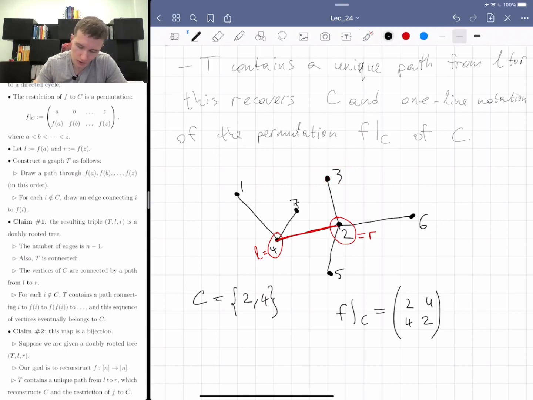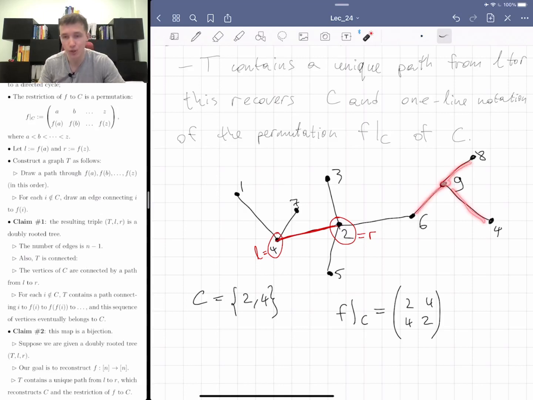So maybe I should draw another one. Maybe let's say there is a 9, 1, 2, 3, or maybe there is a 4 as well. 4, 5, 6, 7, 8. Maybe there is also an 8, something like this. So still, for any vertex, there are several edges.